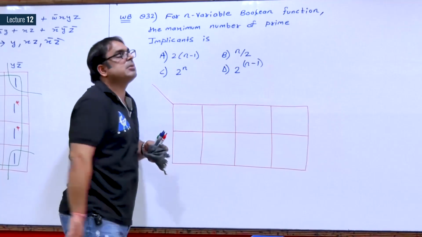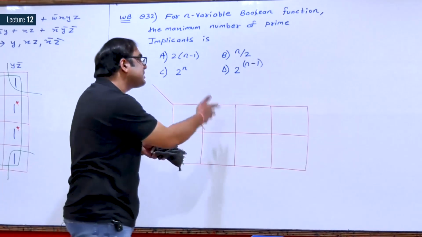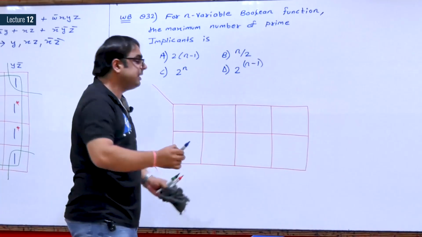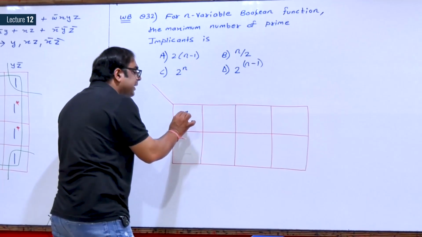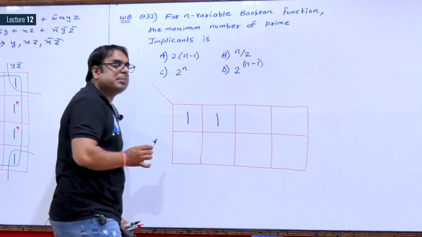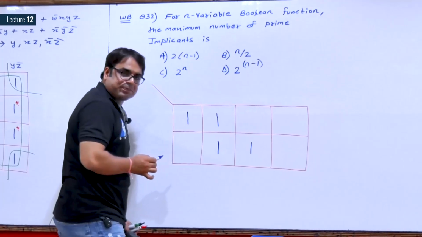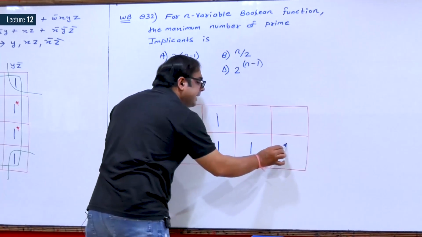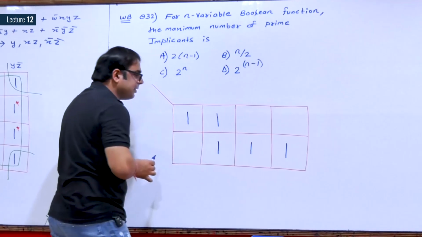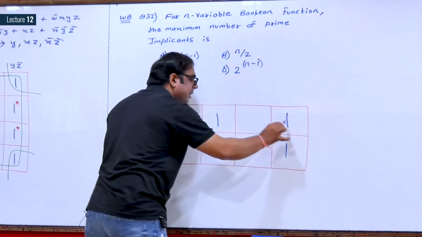So one of the possibilities to have the maximum number of prime implicants is what I am discussing here. So let me try to have the maximum number of prime implicants in my K-map.